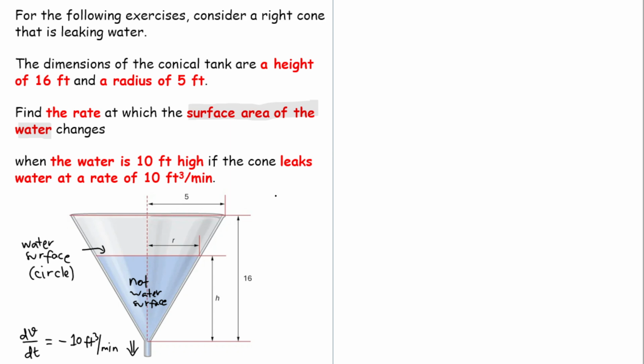Okay, let's start with the relationship between r, h, and 5 and 16. We can use similar triangles because the water and the cone form similar triangles. Let's start from here. We can compare the base of the water, which is r, divided by the base of the tank, which is 5.